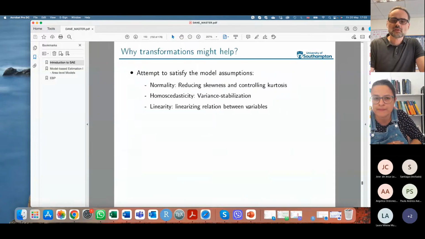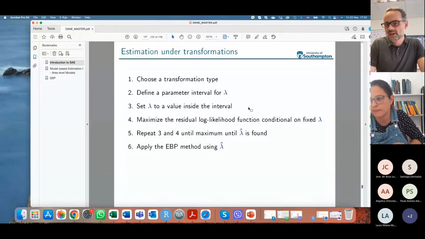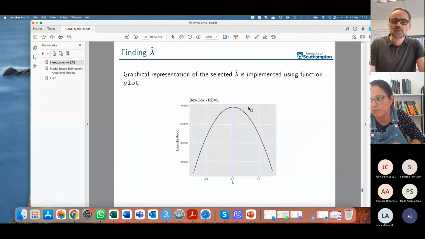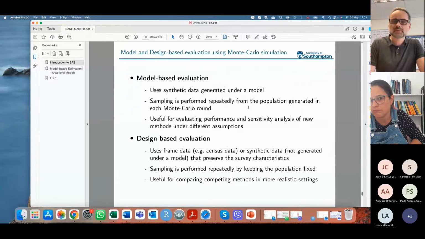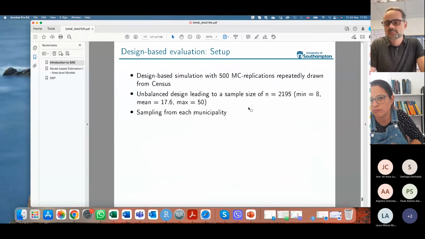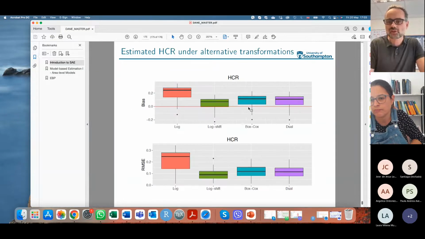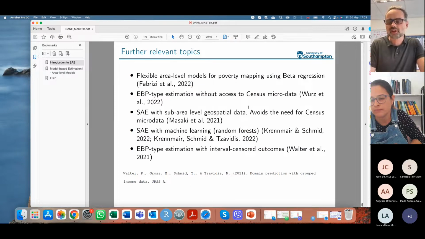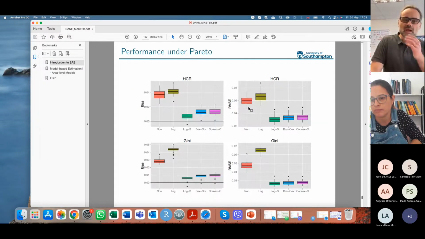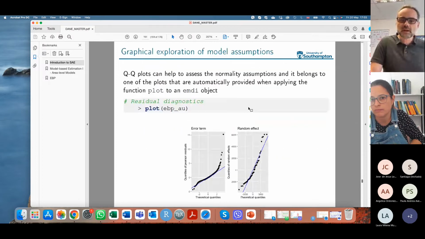Then we're going to focus on uses of transformation, which you might find helpful, and how you can do that with R. And then there are some design-based simulations and some empirical results, but you can go quickly through this in order to see what difference it makes to the estimation. Okay, I think I'm going to stop here.